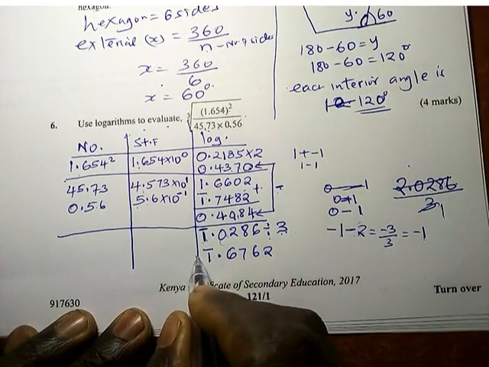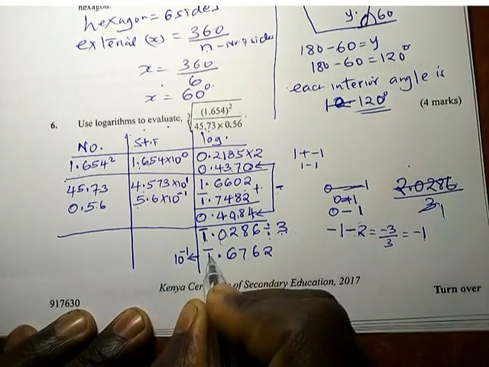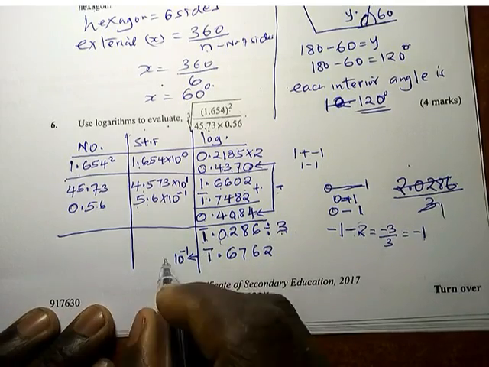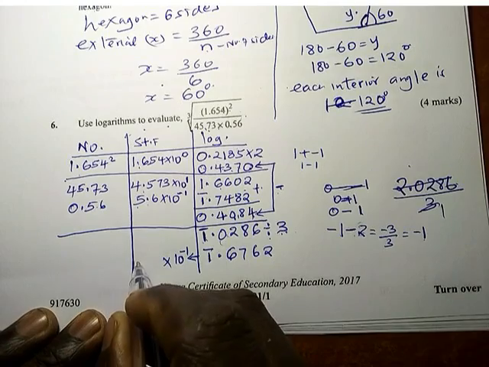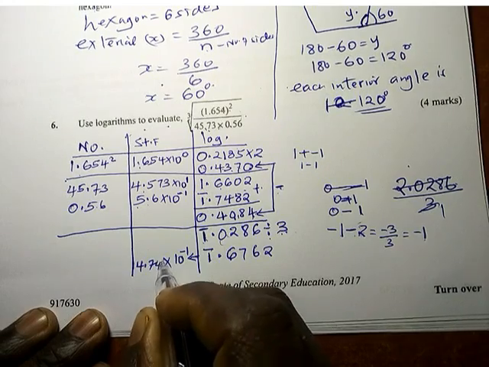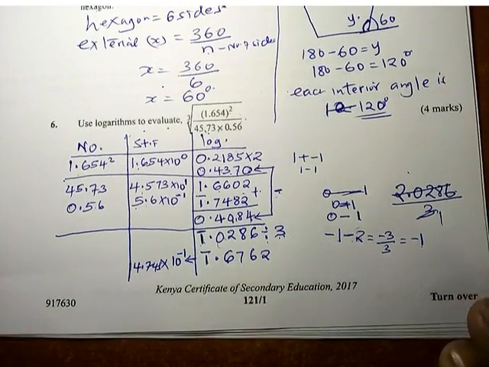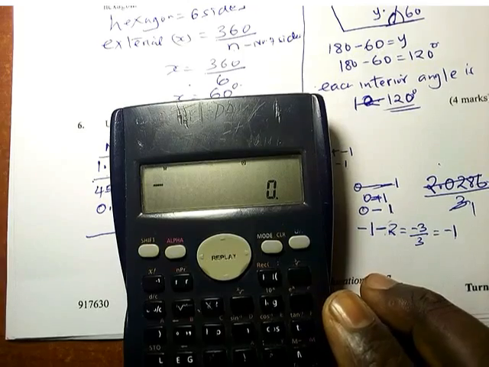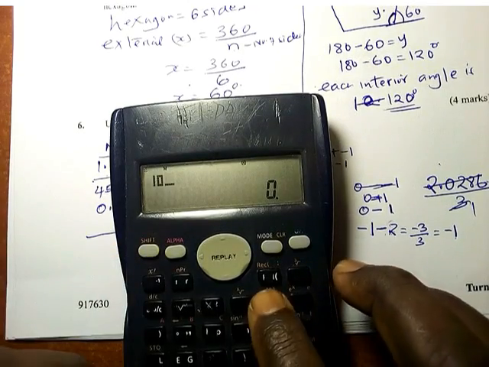Now we go back to the nth log. We will have 10 raised to power negative 1 times the nth log of this, which is 4.745. So how do you use a calculator to get the nth log? Using a calculator, you press shift and then log.